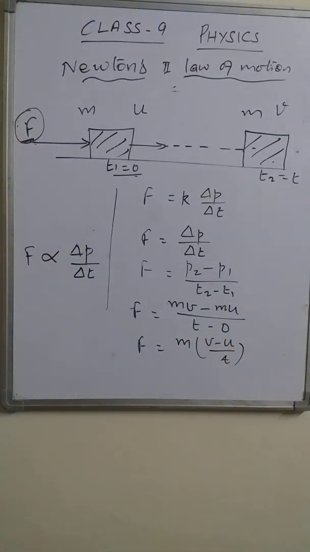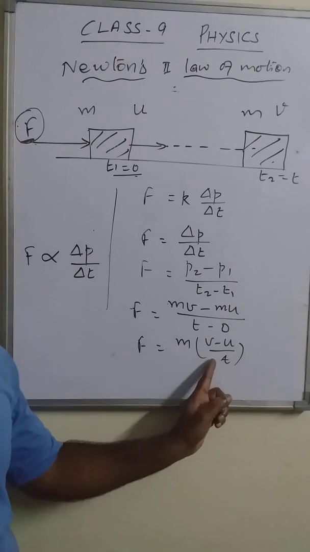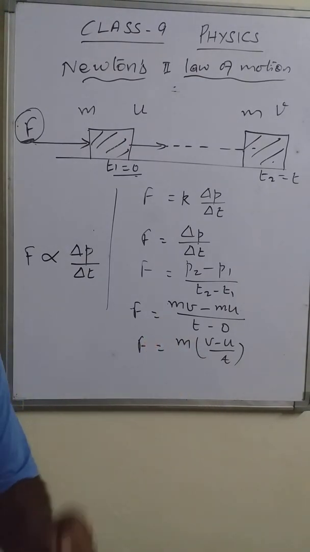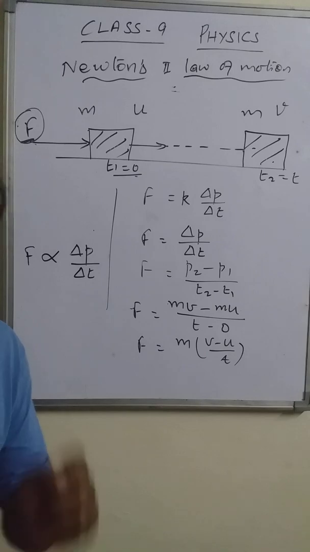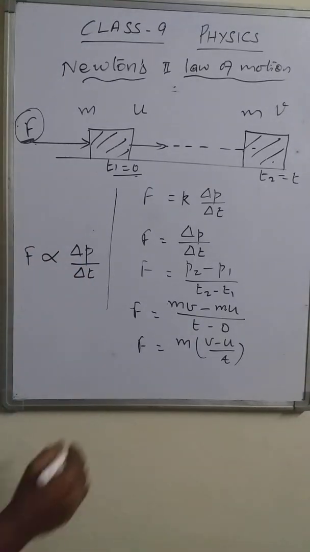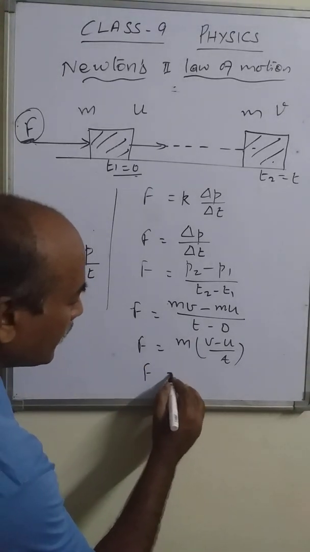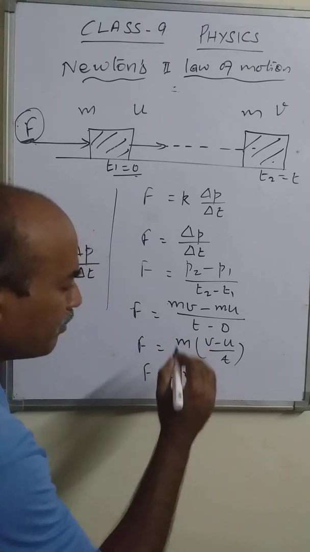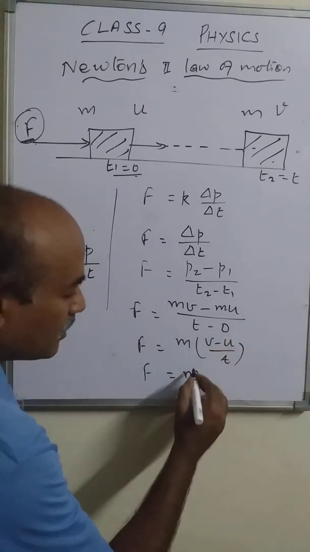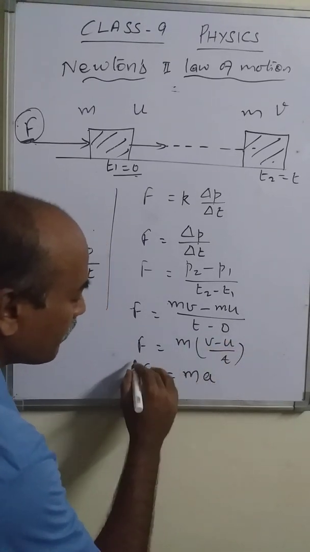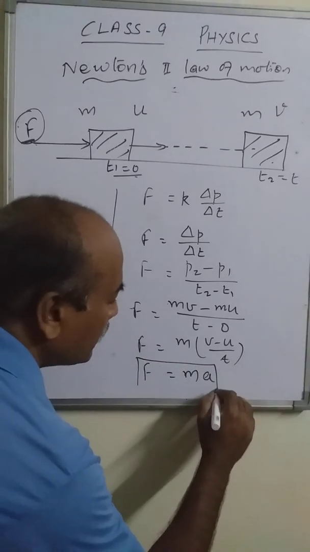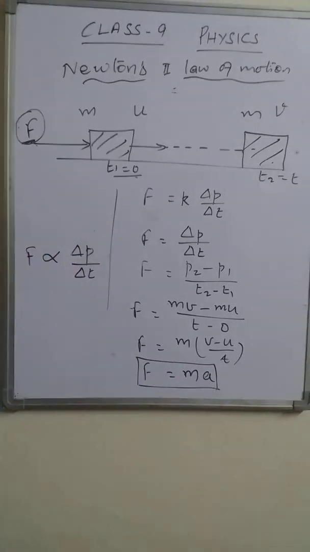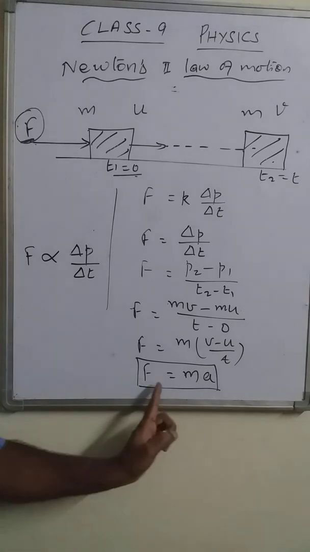V minus U upon T is change in velocity upon time taken, or we can say it is the rate of change in velocity. The rate of change in velocity is the acceleration. Therefore, finally we get the relation F equal to m into this term, which gives the acceleration. So finally we got the relation: force is equal to m into a.